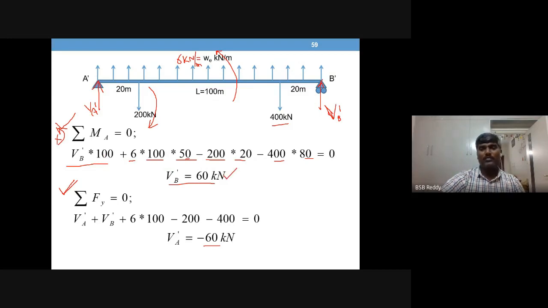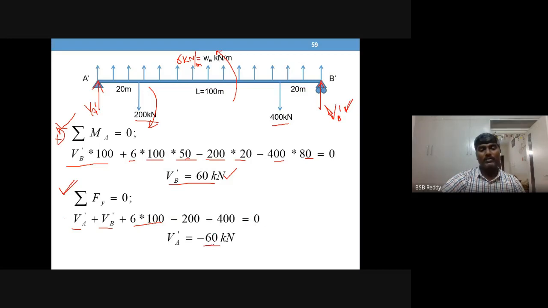Positive means the upward reaction, so what was assumed is correct. Then sigma Fy equal to 0: VA dash upward plus VB dash upward plus 6 into 100 UDL upward minus 200 minus 400 is equal to 0.